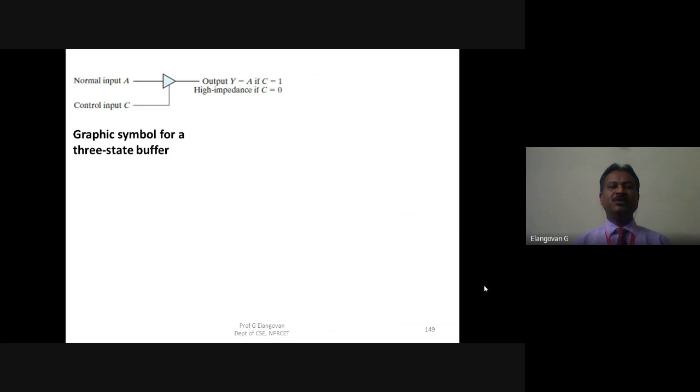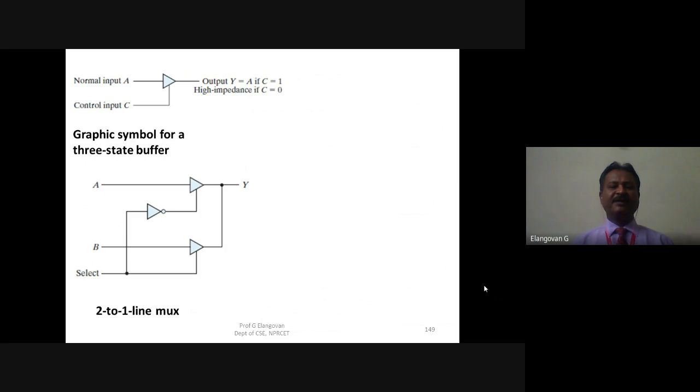If C goes to 0, then the output is neither 0 nor 1. And if C is 1, the output follows the input. The 2 to 1 multiplexer can be drawn using tri-state buffers like this. As long as the select signal is active, A or B appears at the output.